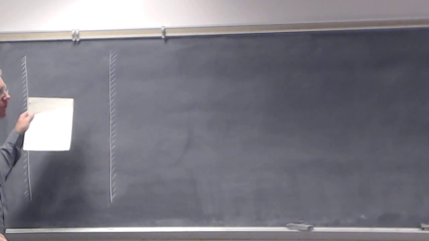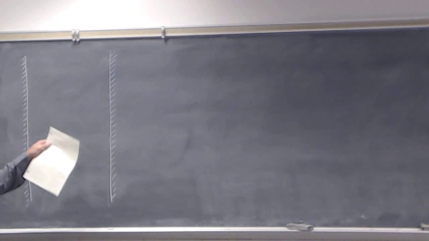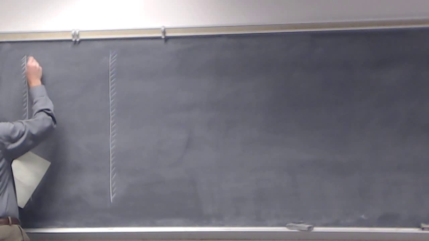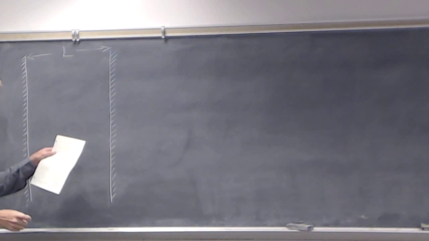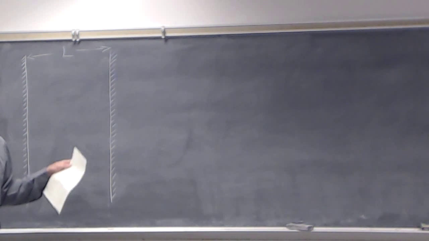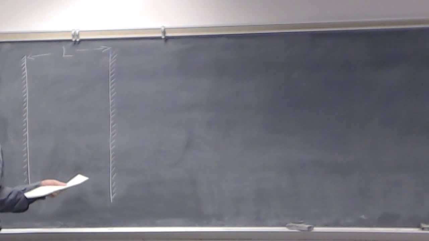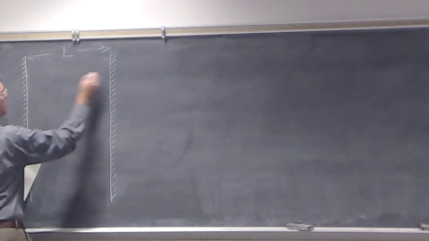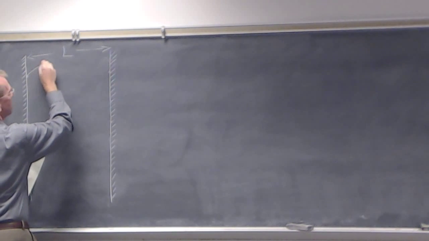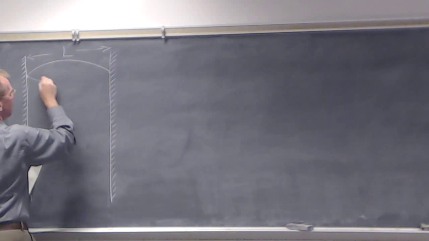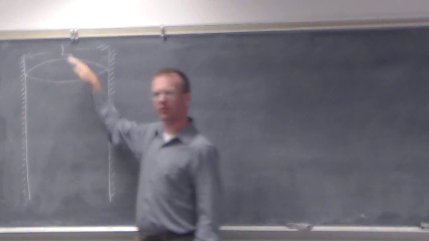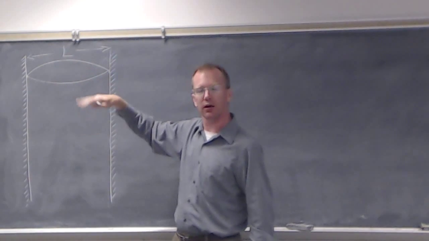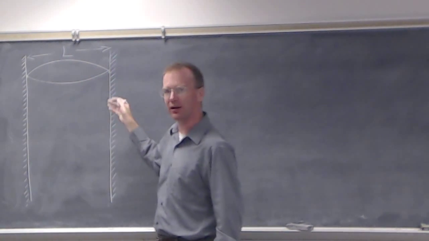So let's say I've got this open space here between the two walls of length capital L. Now, what are the different modes of the string's vibration going to look like? What I'm drawing out are the upper and lower limits to the string's displacement at any position x.